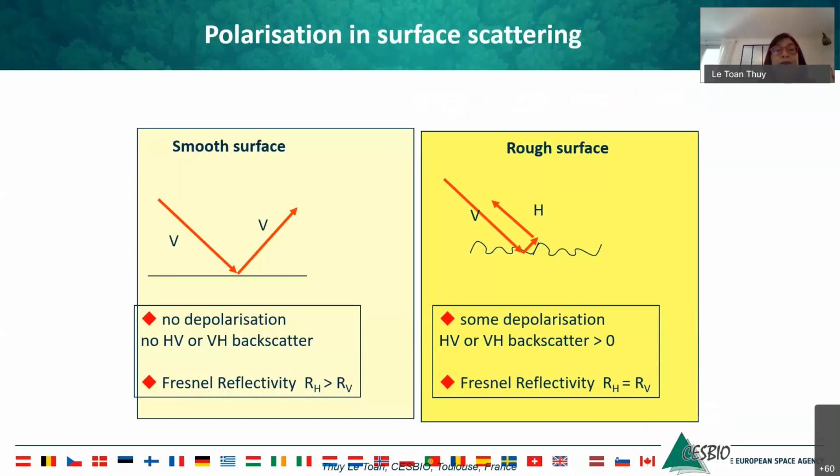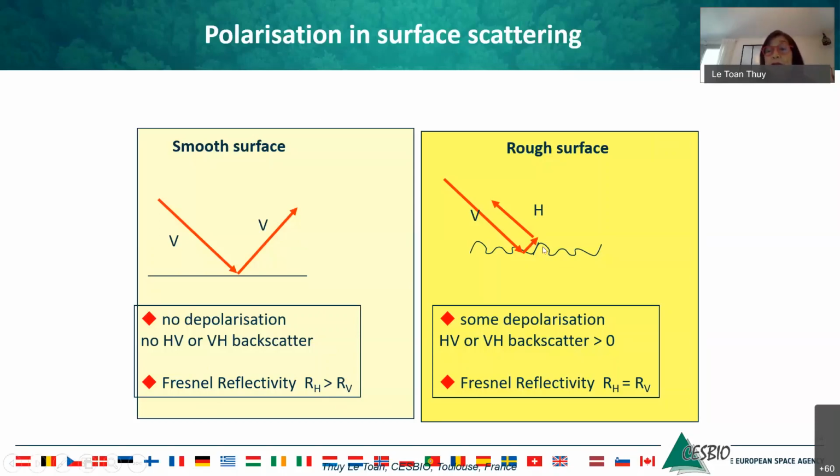And polarization in surface scattering: for the smooth surface, we consider no depolarization, no HV/VH. And for the Fresnel reflectivity, you remember the alpha, VV and HH, and the H is higher than the V. You remember in physics about the Brewster angle, but I will not go into detail.